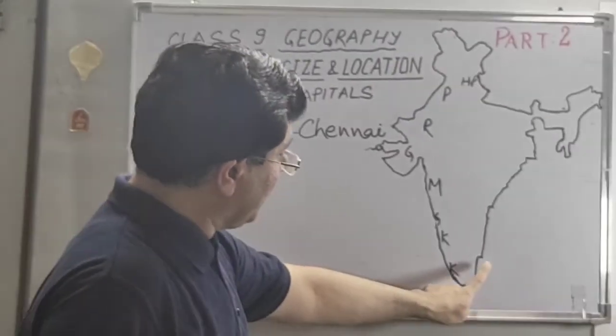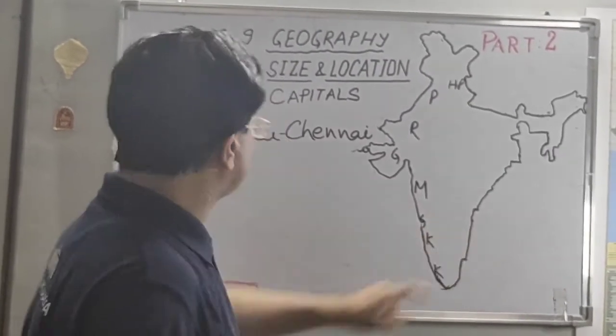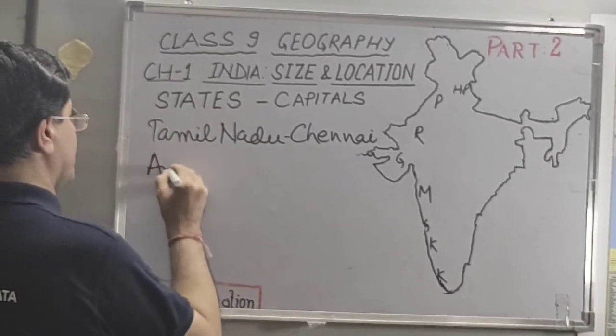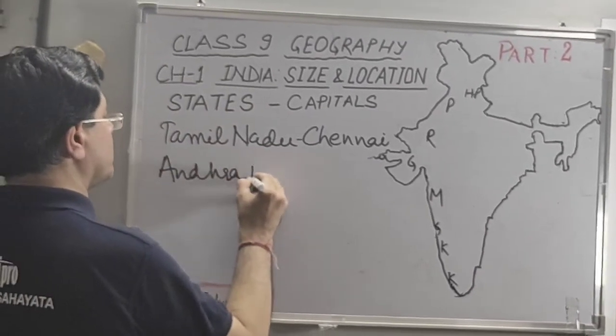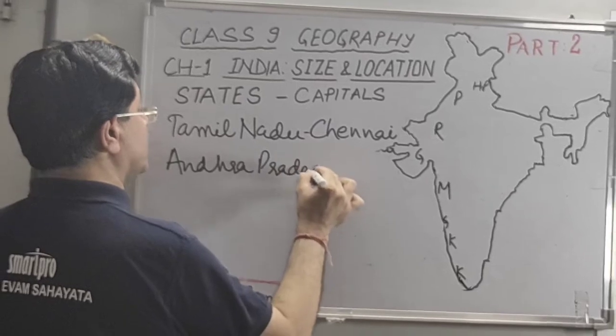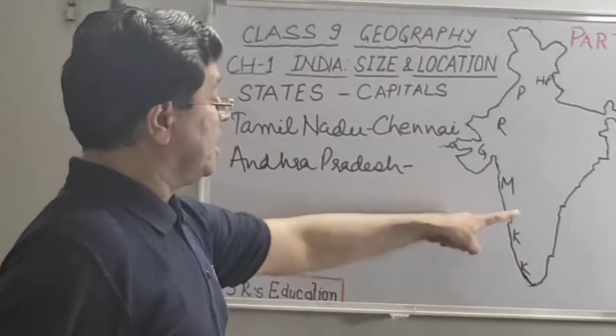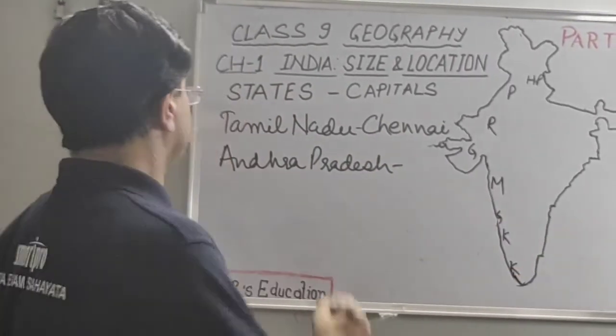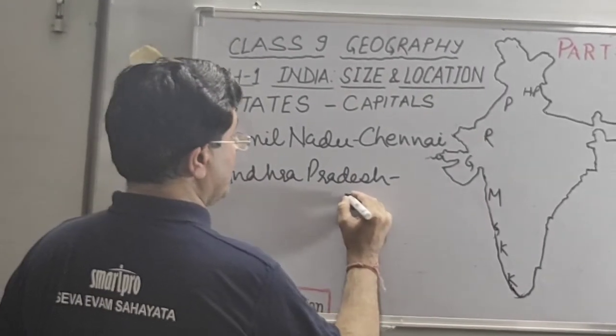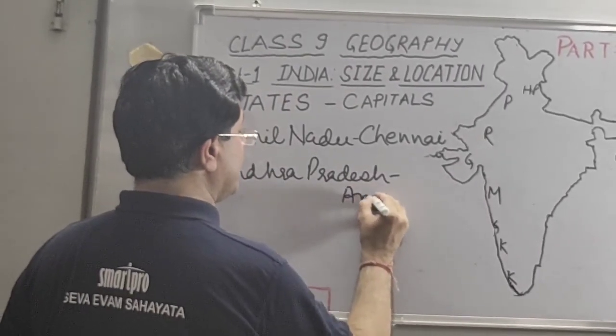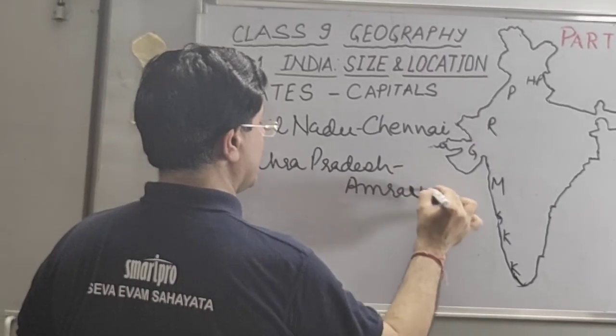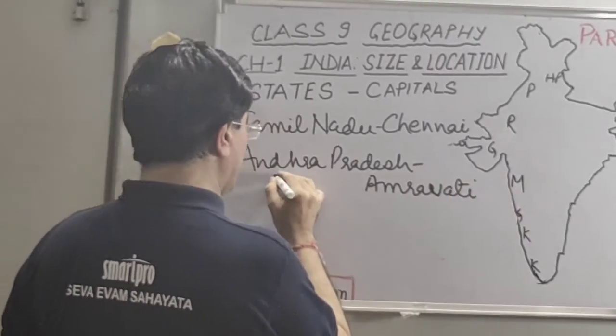So after Tamil Nadu we have Andhra Pradesh. Andhra Pradesh is the same state from which Telangana was carved out, and its capital is Amravati. You can say Hyderabad also.